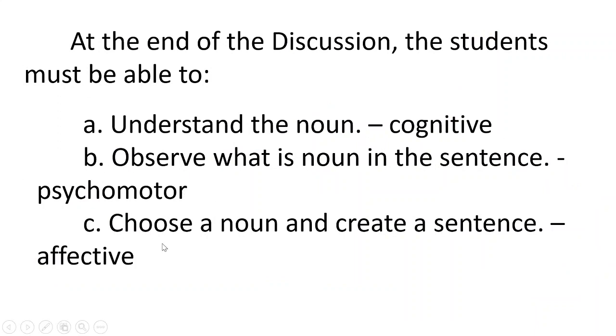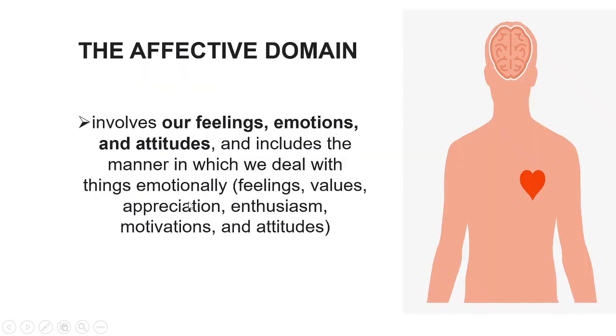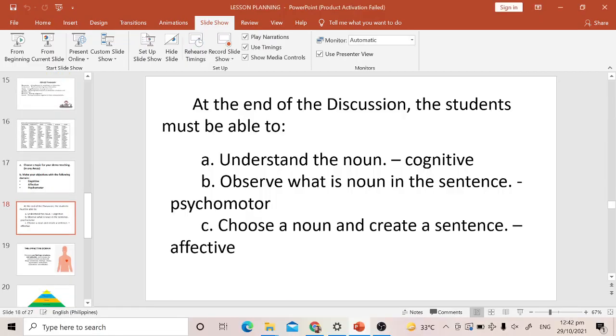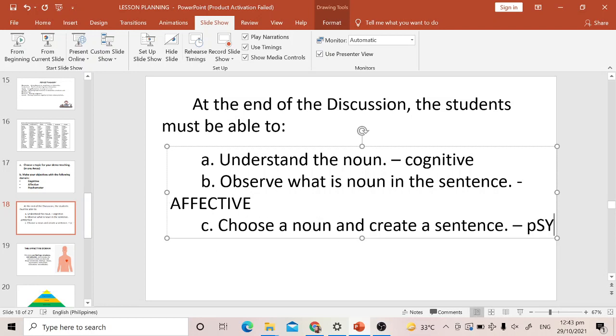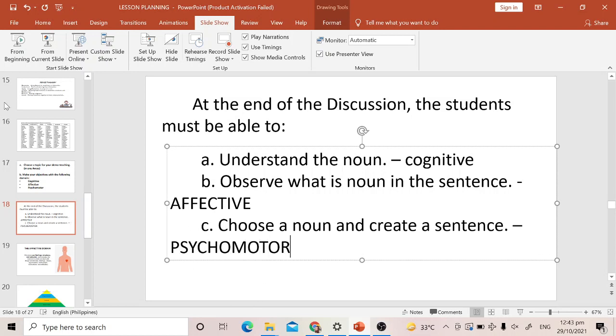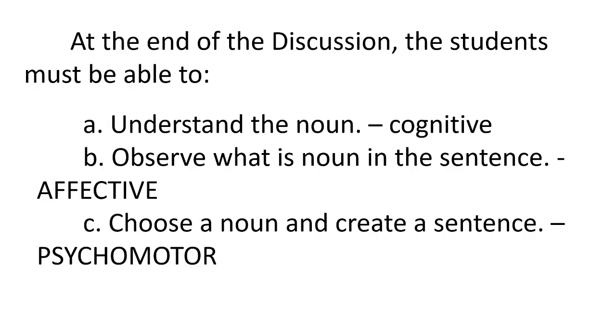Si observe pala, nagkamali. Sorry. So, ito pala si affective, and then this one is psychomotor. Alright. Okay, so that is the correct one. So, under the cognitive is to understand the noun, then under the affective is observe what is noun in the sentence, then letter C, choose a noun and create a sentence. So that is under the psychomotor.